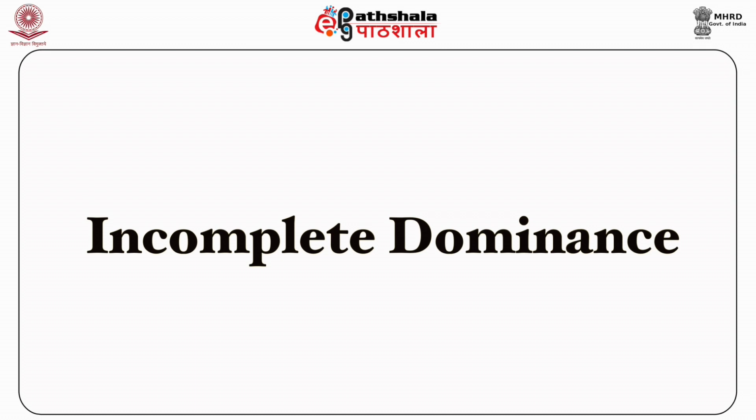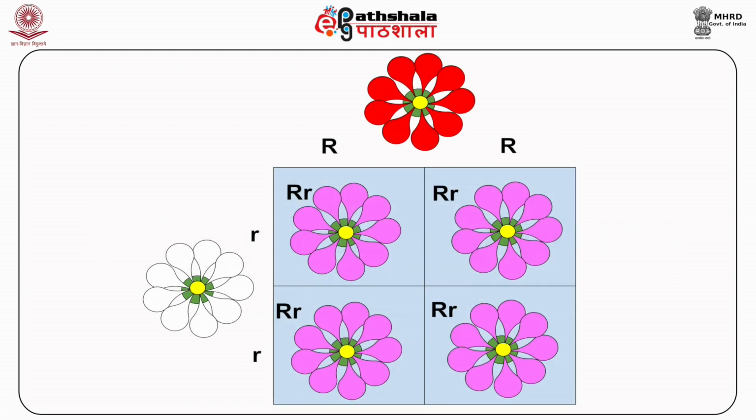First is incomplete dominance. Incomplete dominance, also called partial dominance, occurs when the phenotype of the heterozygous genotype is distinct from and often intermediate to the phenotypes of the homozygous genotypes.